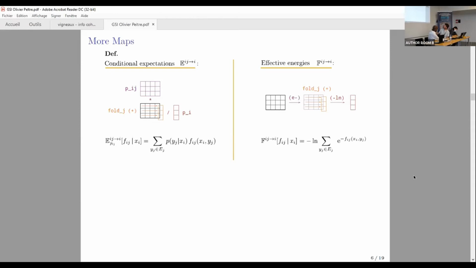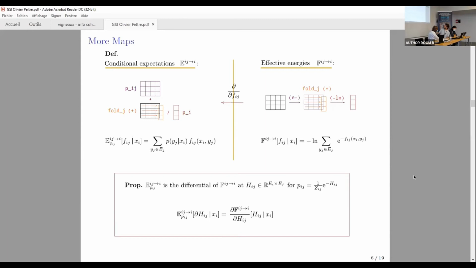It looks a lot like a free energy, but you only sum on fibers of the projection. So it's more like a conditional free energy. And one very interesting thing is that you recover these conditional expectations just by differentiating this map here with respect to your local function.